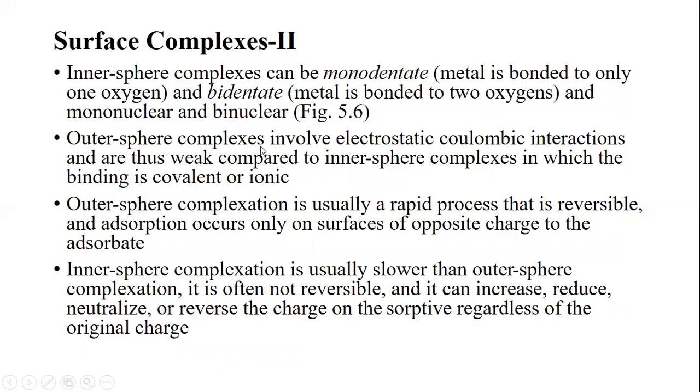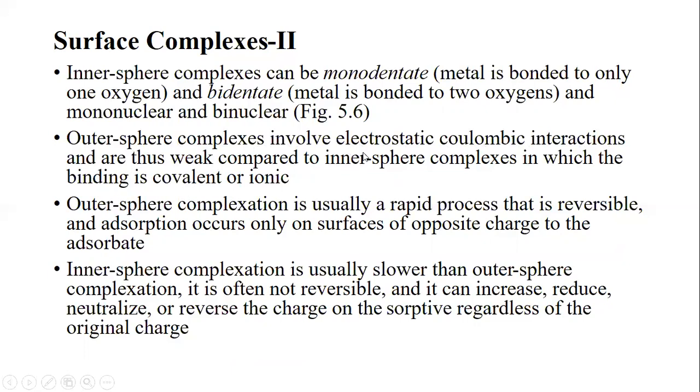Outer sphere complexes involve electrostatic coulombic interactions and are thus weak compared to inner sphere complexes, in which the binding is covalent or ionic. We have already talked about earlier that the outer sphere complexes are weak. And why are they weak?